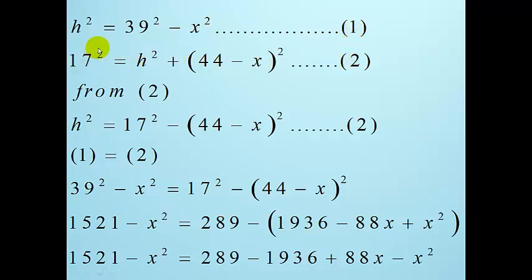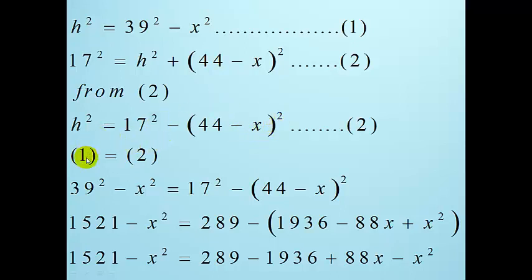From equation 2, 17 squared equals h squared plus (44 minus x) all squared. Making h squared the subject, the term (44 minus x) all squared becomes minus on the other side, so h squared is equal to 17 squared minus (44 minus x) all squared. It's still our equation 2.